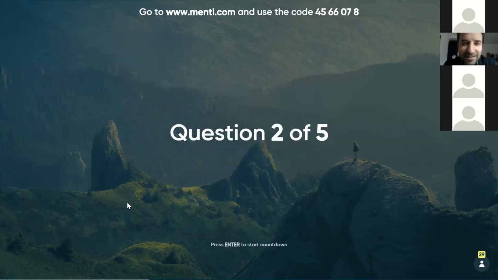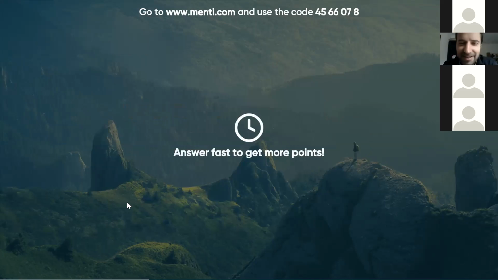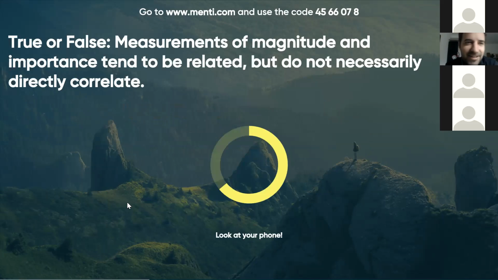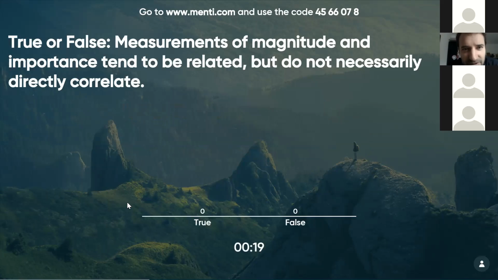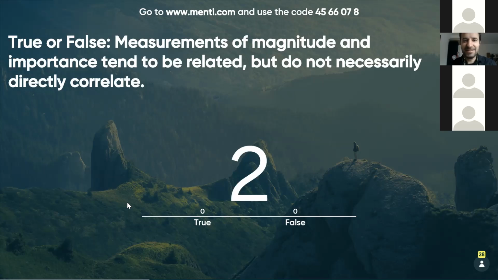See if Santa Claus is going to be as fast again. And the second question is true or false? Measurements of magnitude and importance tend to be related, but do not necessarily directly correlate. Okay, this is a true or false question. So you have a 50% chance of getting it right, even if you just guess.